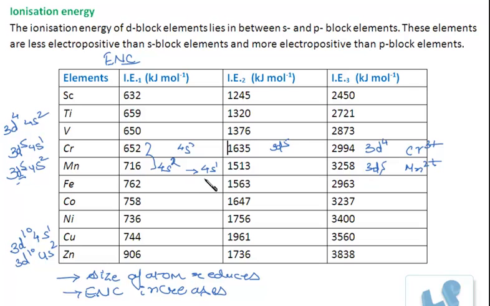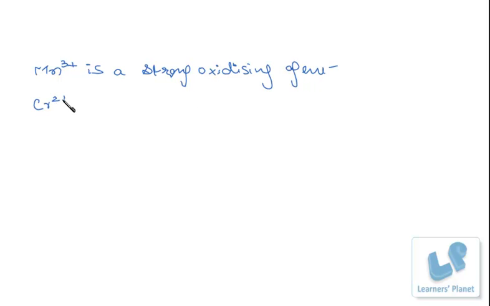See, Mn3+ is a very strong oxidizing agent. I would like to discuss this question here. My question is, Mn3+ is a strong oxidizing agent, whereas Cr2+ is a strong reducing agent.